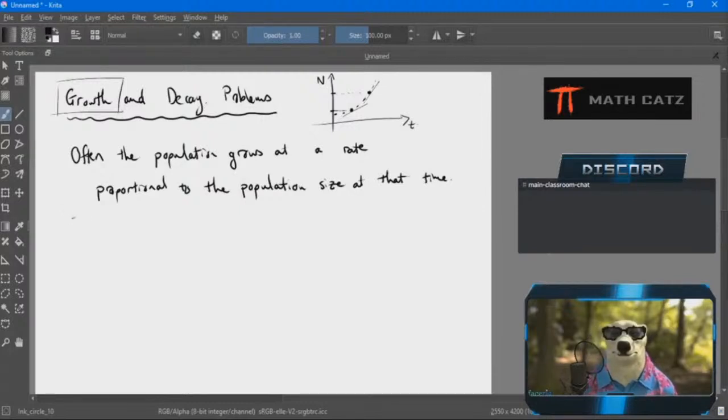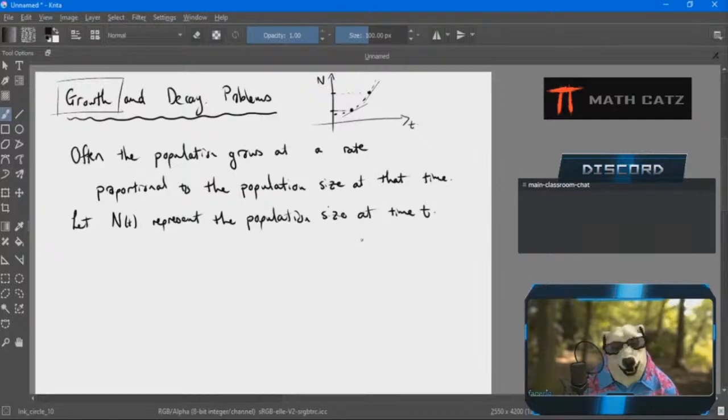So let's define a function. Let's say big N, which is a function of time, represent the population size at time t. Now it depends on the situation.